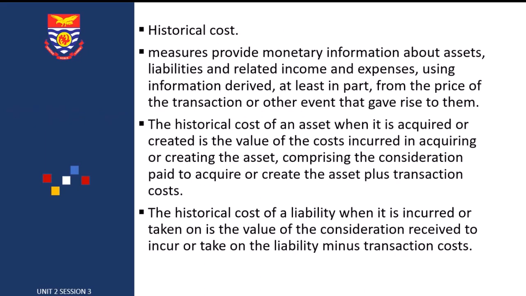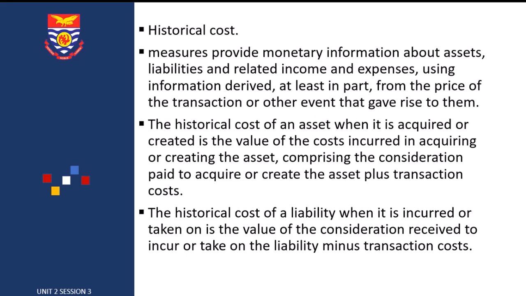Historical cost. Historical cost measures provide monetary information about assets, liabilities, and related income and expenses, using information derived, at least in part, from the price of the transaction or other event that gave rise to them.